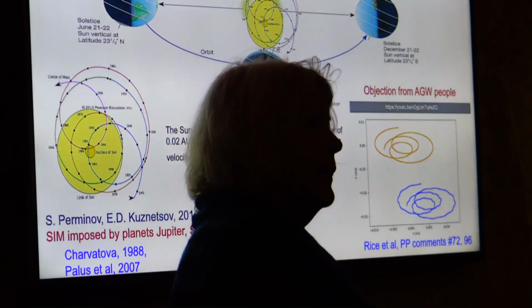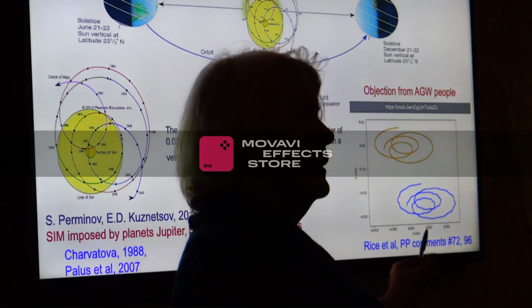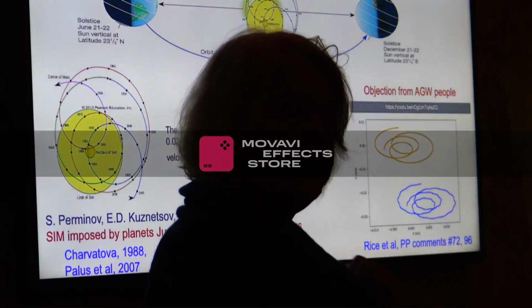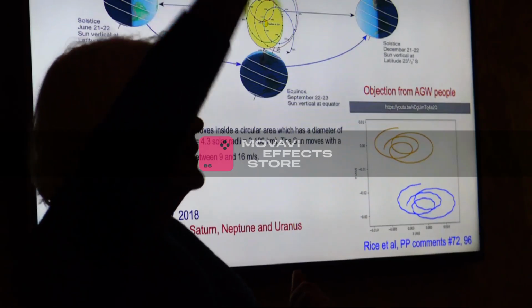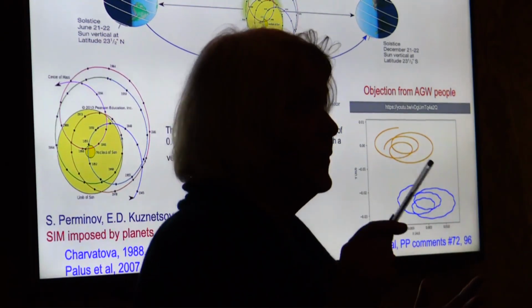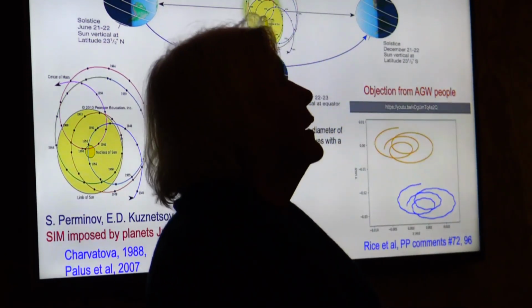At that time, I didn't have the ephemeris from NASA. So based on this Rice objection, they retracted this paper, but keep it on the website so you can see it. This paper from 2019 was retracted on the 1st of March 2020.